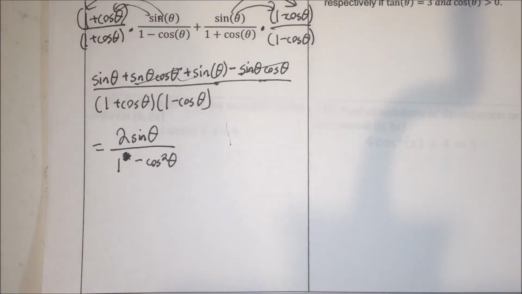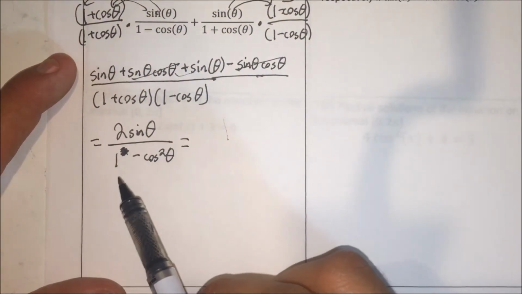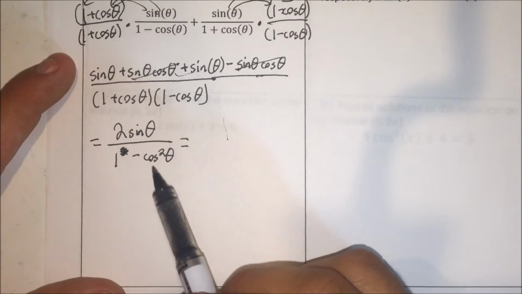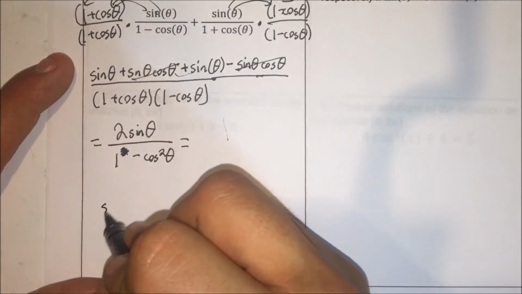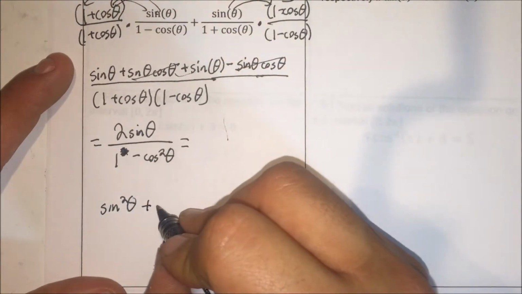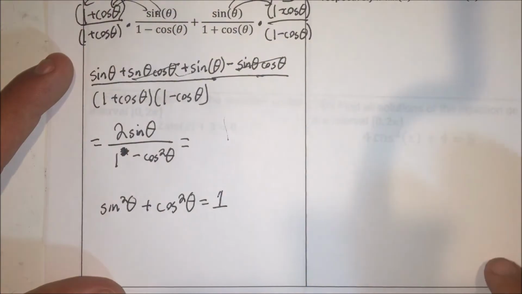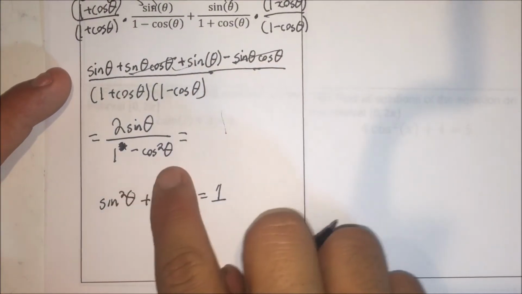And we don't even need the 2 there because we know that 1 squared is just 1. Okay, so now what? Well, at this point, alarm bells should be going off that you see this 1 minus cosine squared. It looks a lot like a Pythagorean identity. In particular, it looks a lot like the Pythagorean identity, sine squared plus cosine squared is equal to 1. So how do we get this one?